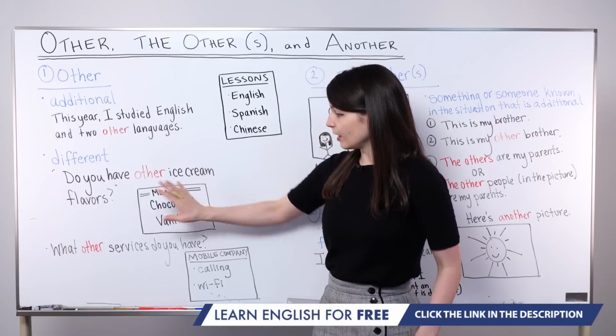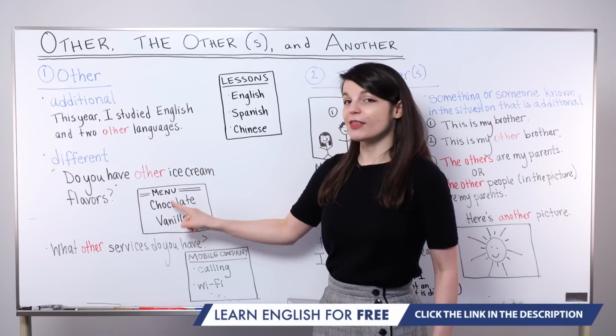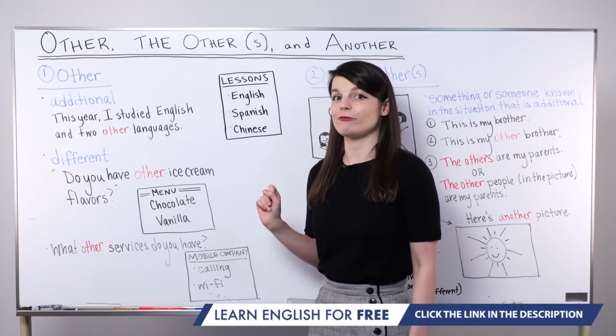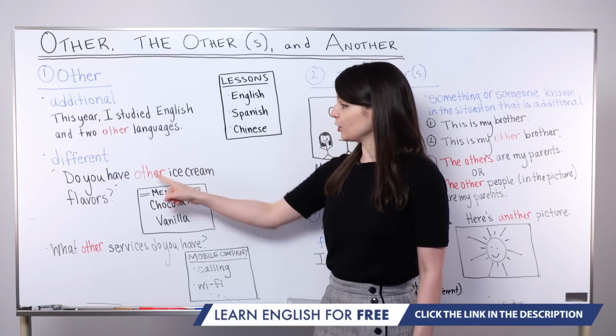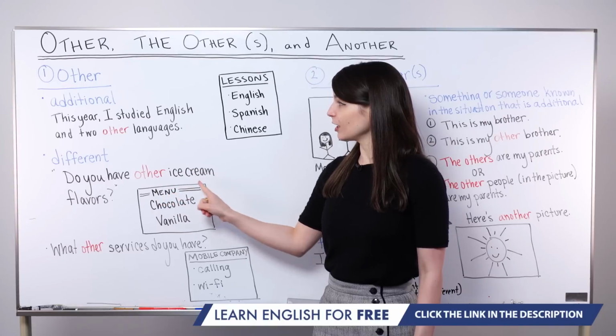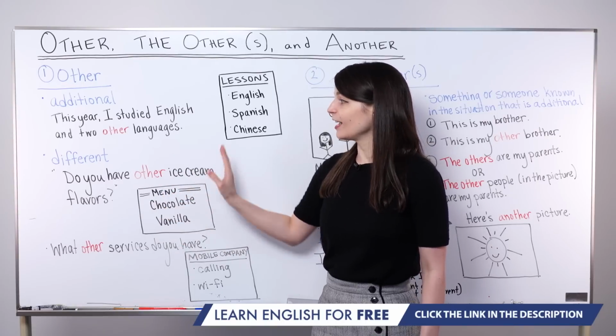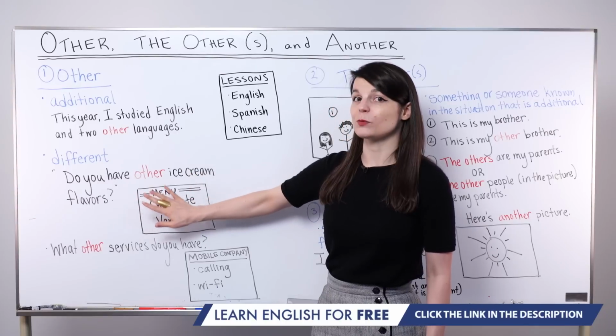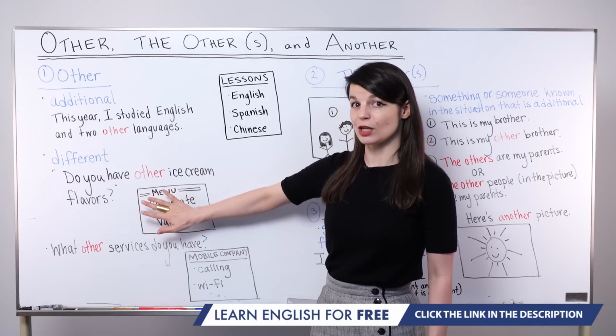So this means different from this menu. For example, do you have strawberry? Do you have mint? And so on. So that means different flavors from the ones here, the ones we can see, the ones that we know.